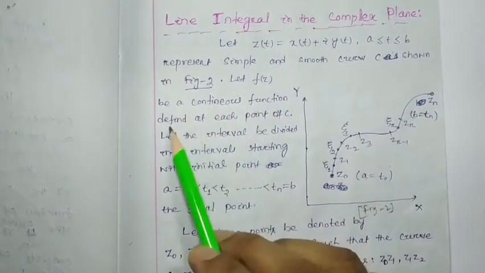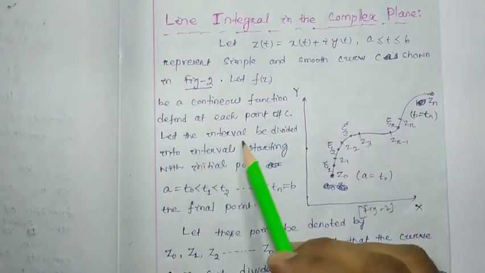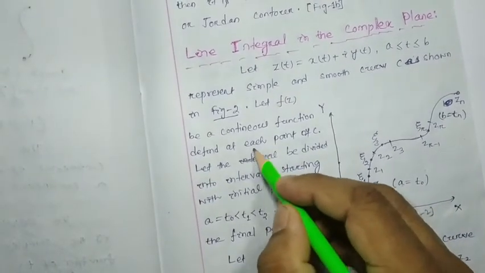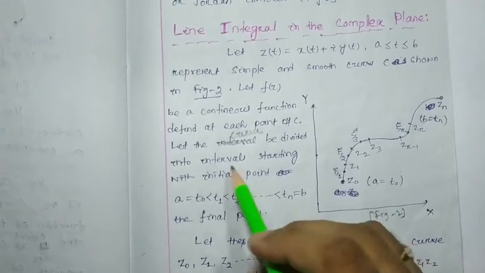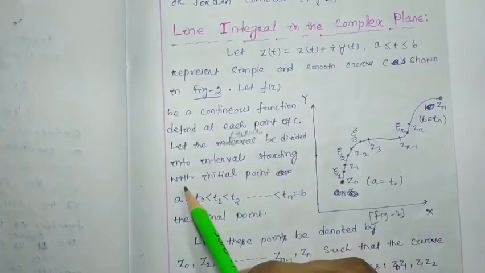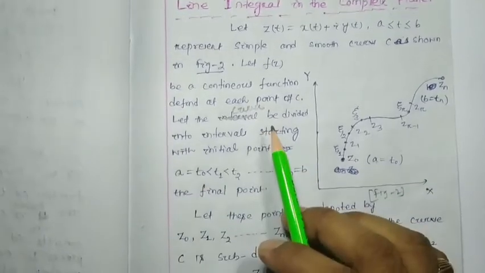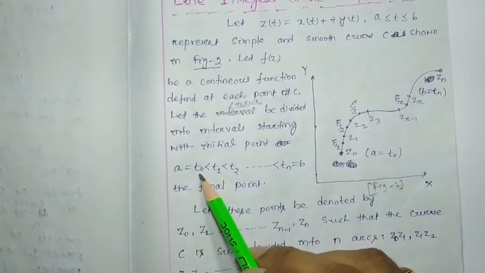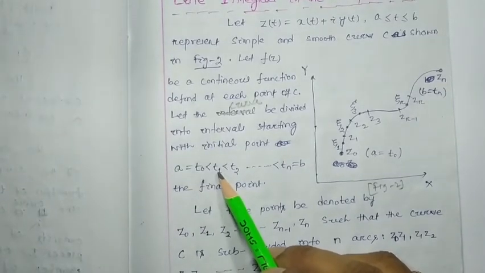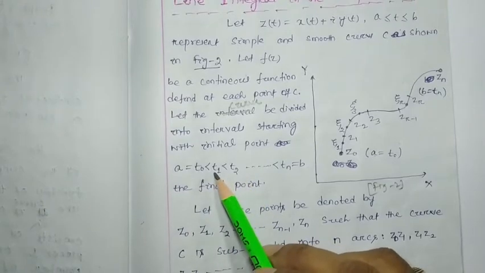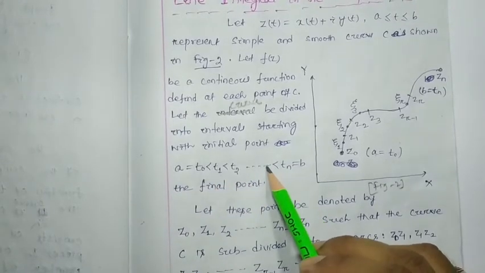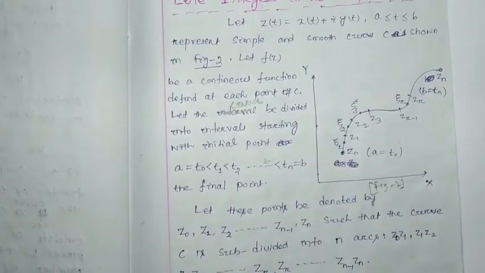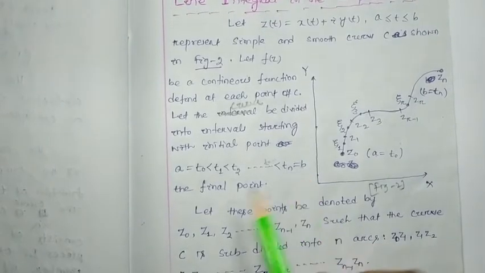Let f(z) be a continuous function defined at each point of C. Let the curve be divided into intervals starting with the initial point a equal to t0, then t1 greater than t0, t2 greater than t1, and tn greater than t(n-1), where tn equal to b, the final point.